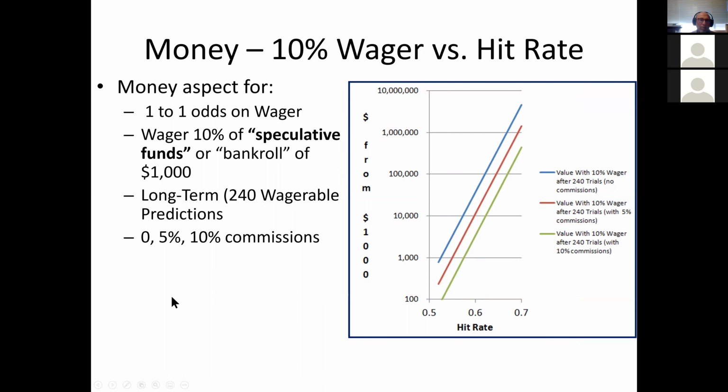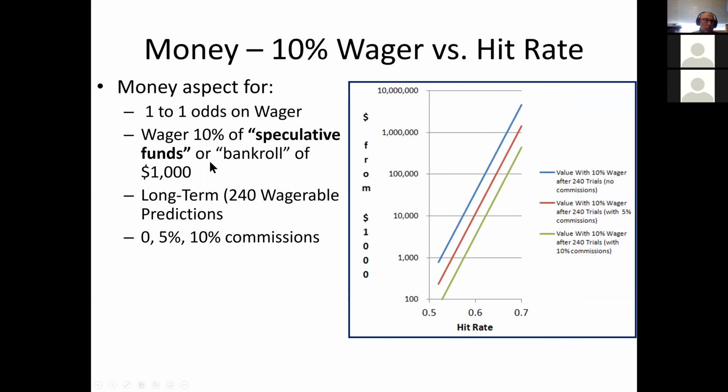What we've done here is said if you are willing to wager 10% of your bankroll, so you start out with a $1,000 bankroll and your first wager is $100, and we're talking about 1-to-1 odds, which within a day is really where we are.